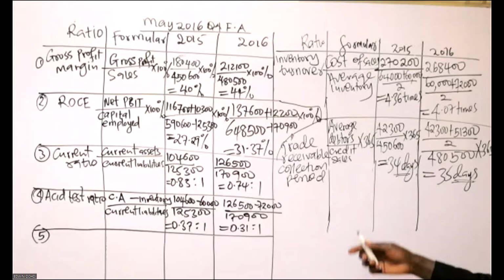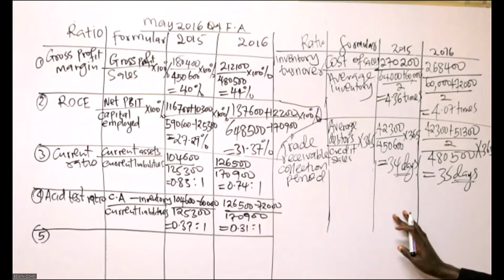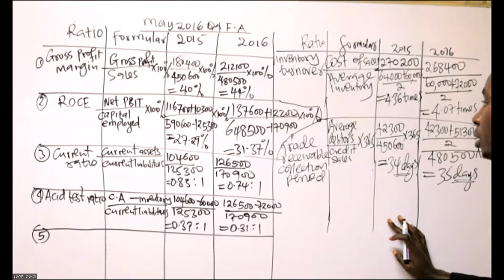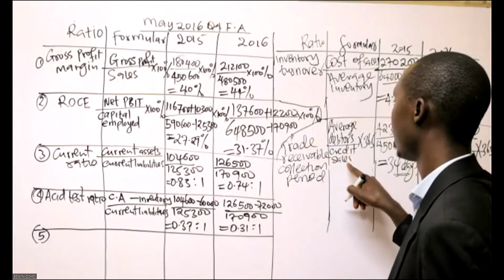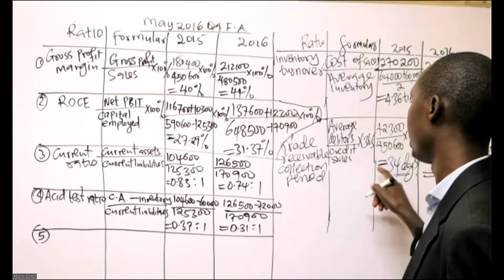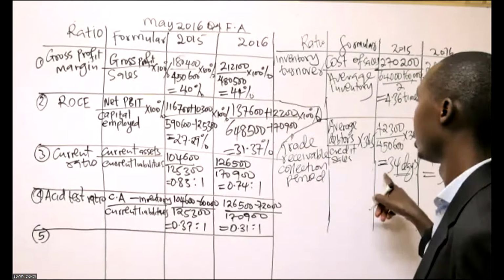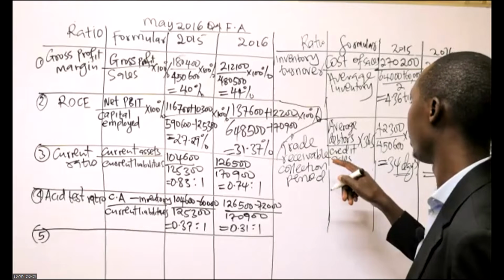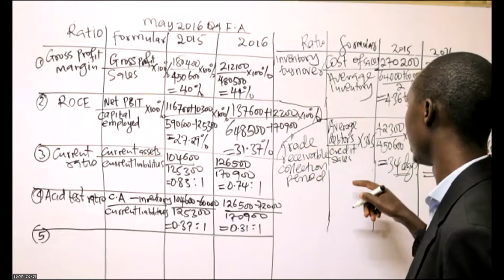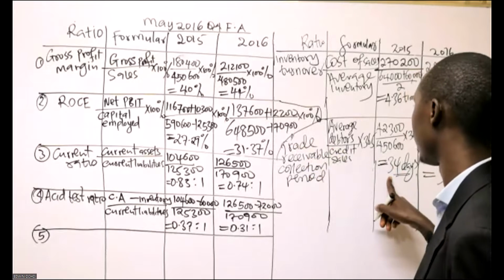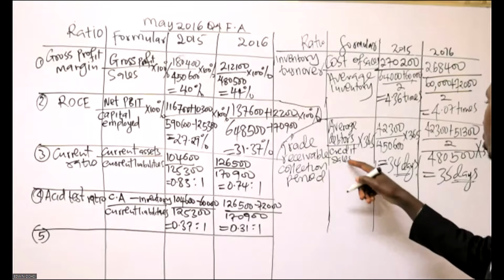Yes, it tells how long it takes after a credit sale to receive payment. After we have made a credit sale, how long will it take for us to recover, that is to receive the payment?